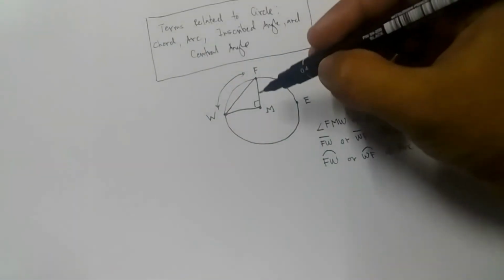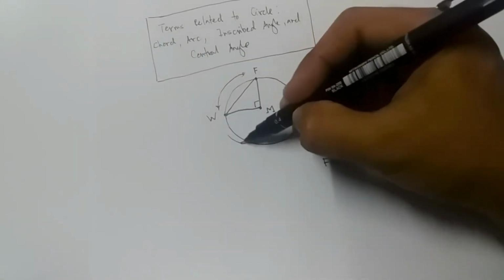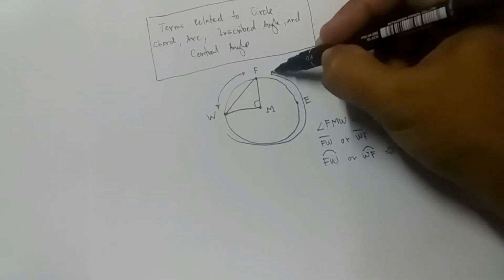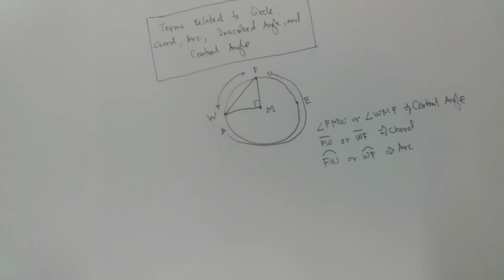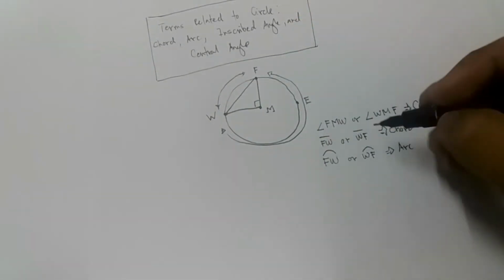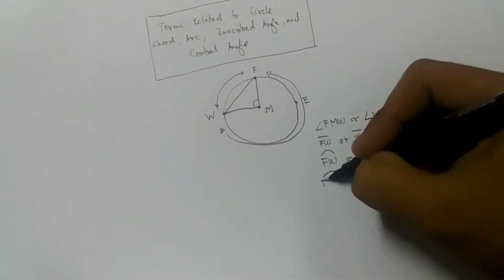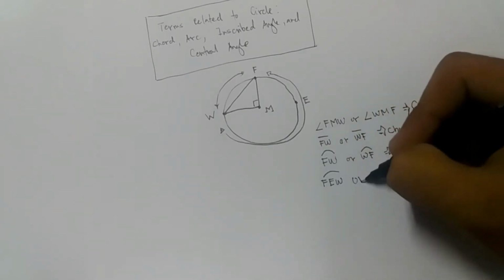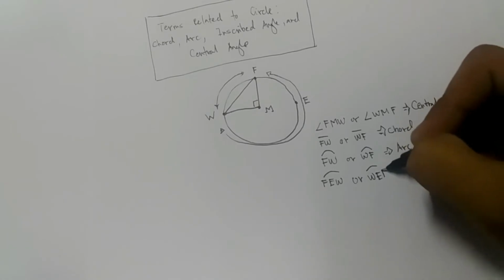Another interesting fact about arcs is that the major arc is the biggest arc here, from point F, E, and W. We can notate this one as arc FEW, or else arc WEF.